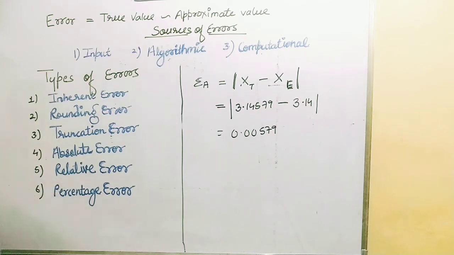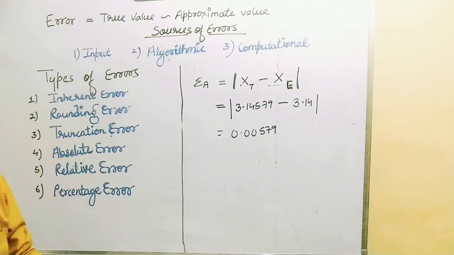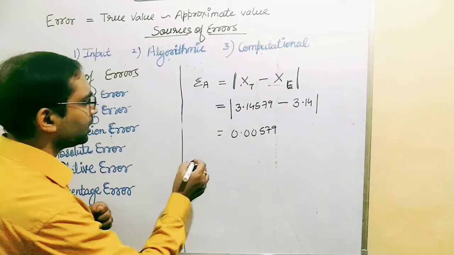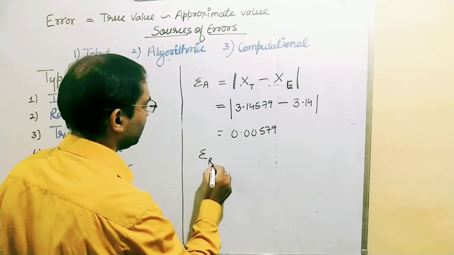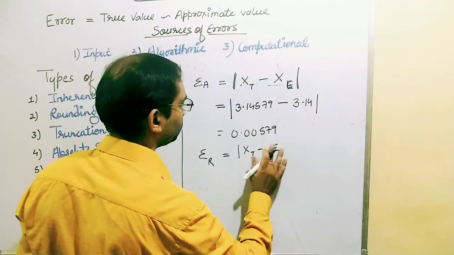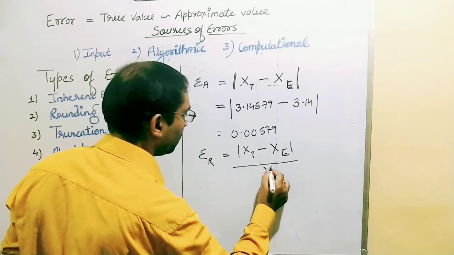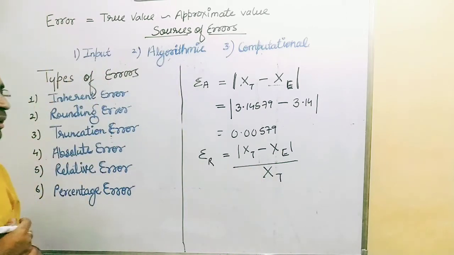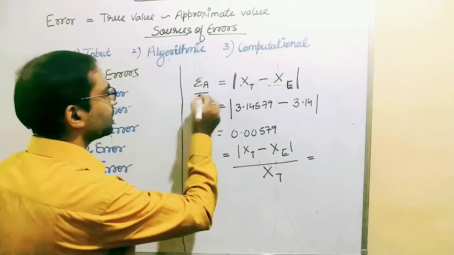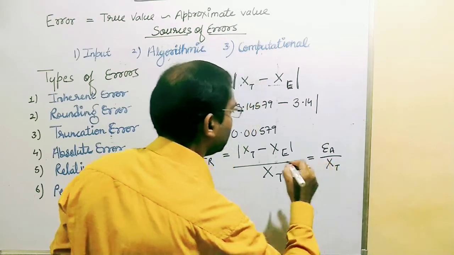Next is the relative error. Obviously, relative error means whenever we measure the error in reference to some value. So here the relative error, which is represented by ER, is equal to the absolute error divided by the original value, that is xt. We will take this absolute error and divide it by the original value.